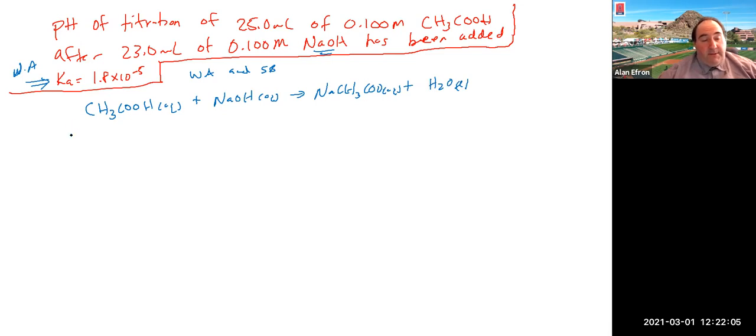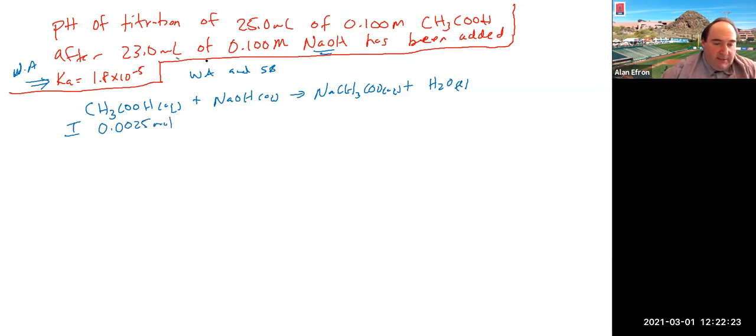We also should know, since we've been talking about titration, we should be doing this in moles. So we want the moles of each of those. That's going to be 0.025 times 0.1, and that's going to give us 0.0025 moles for our acetic acid.